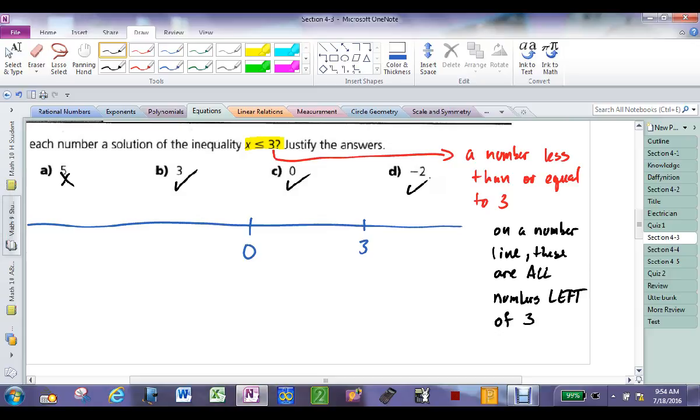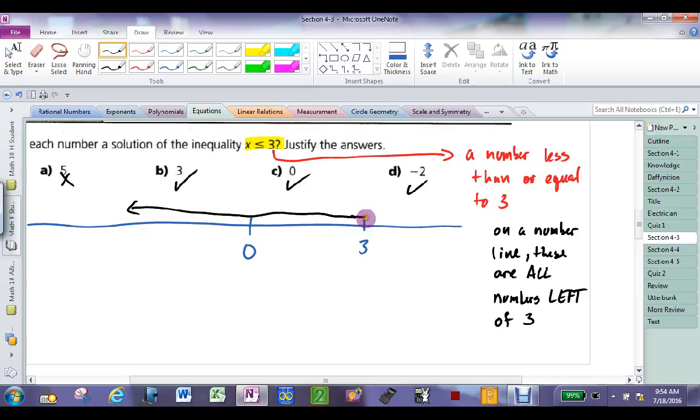The number line shows every single number in the universe, yes? From negative infinity to positive infinity. Do I care about every single number? No. What are the only numbers I care about? Any number left of 3. Does that include decimals? Yep. Fractions? Yep. Negatives? Yep. So, I need every number left of 3. Do I include 3? Yes.